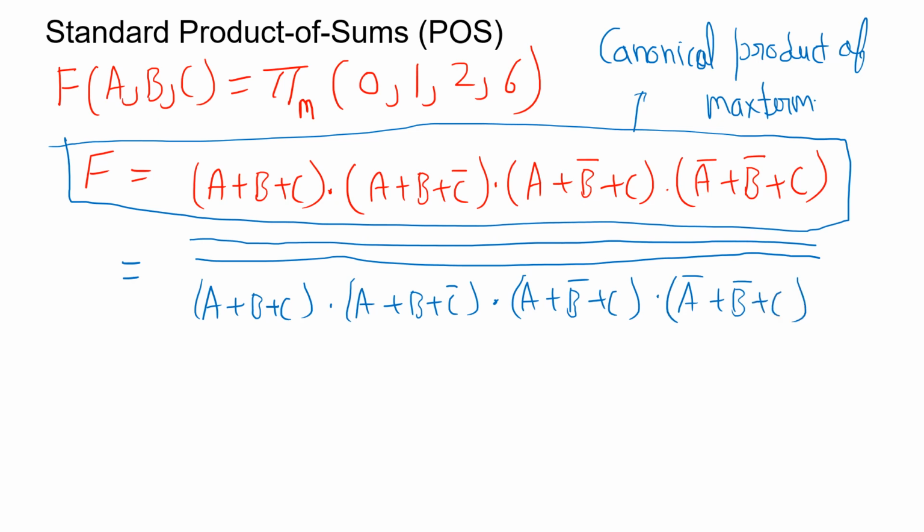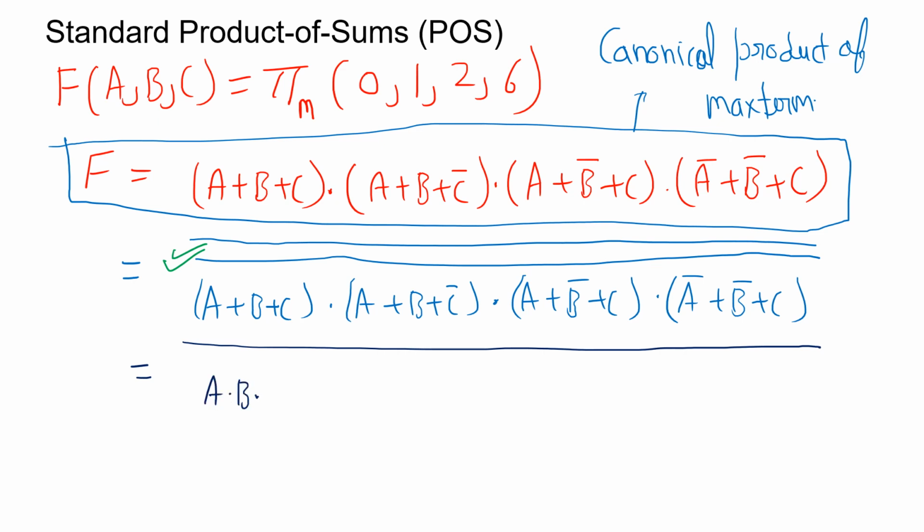Now I want to break the first one, with the second one on top of it. Once you break the first one, you will get A dot B dot C, and bar, all of them, plus, so we have used De Morgan's law, right?